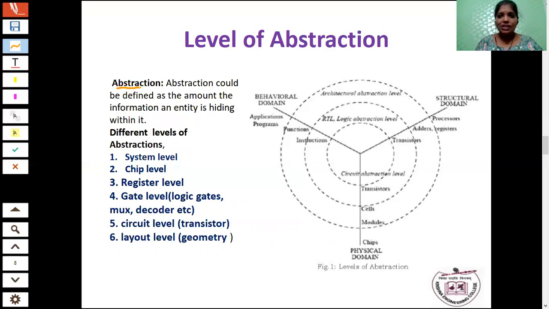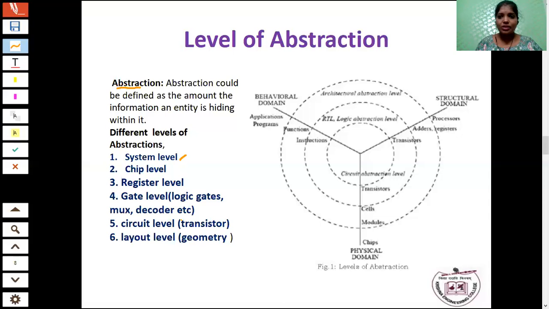It starts with system level to layout level. Layout level is nothing but our geometrical representation of the system. It starts with the system level, then chip level, register level, gate level, circuit level. Circuit level means what transistors we are using to implement our system.